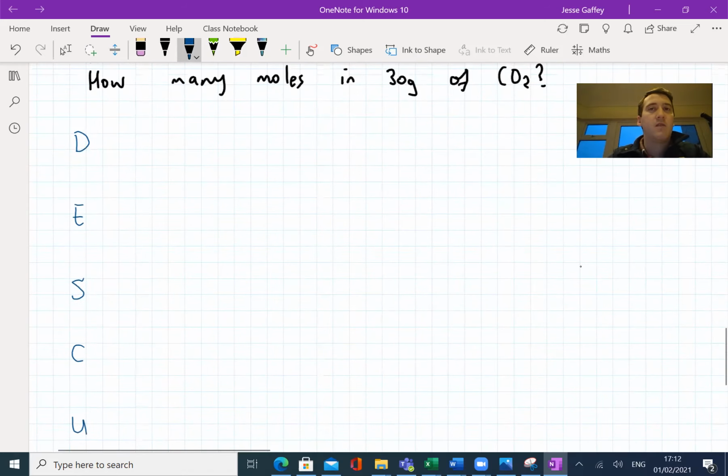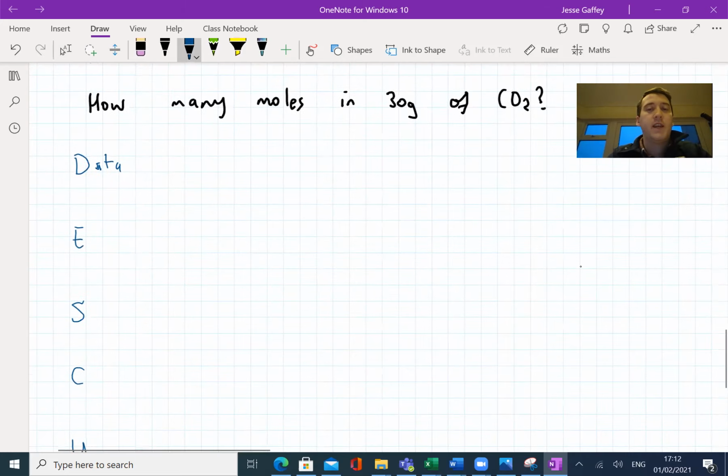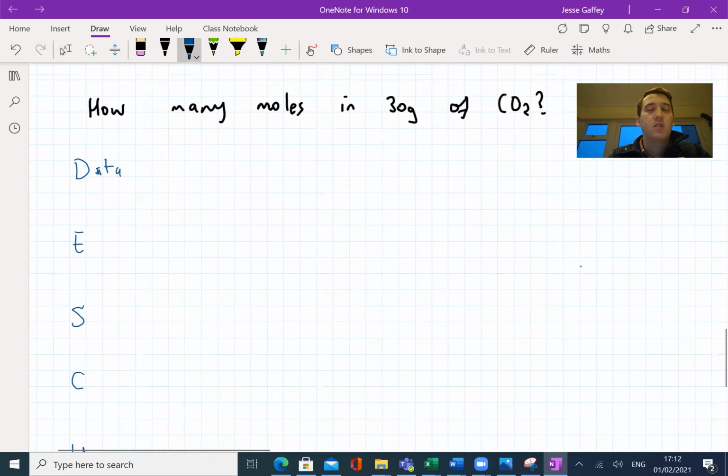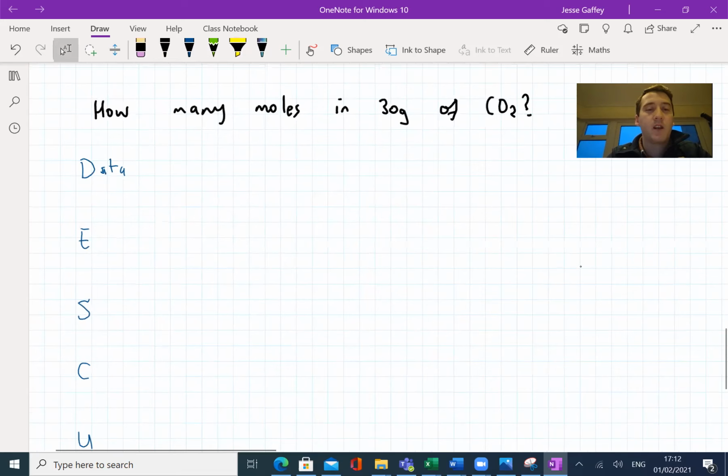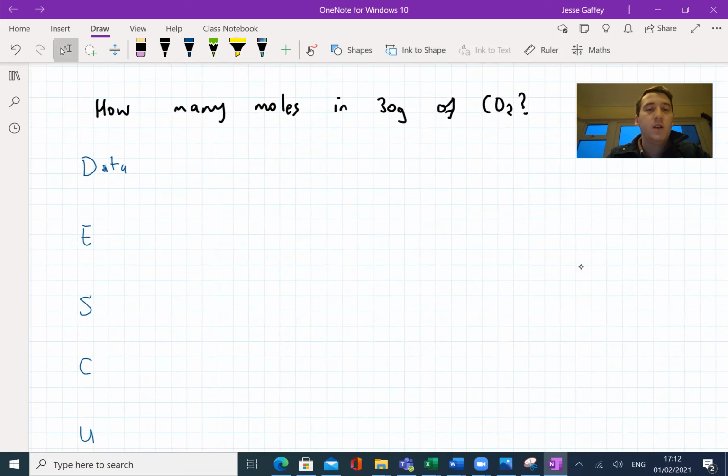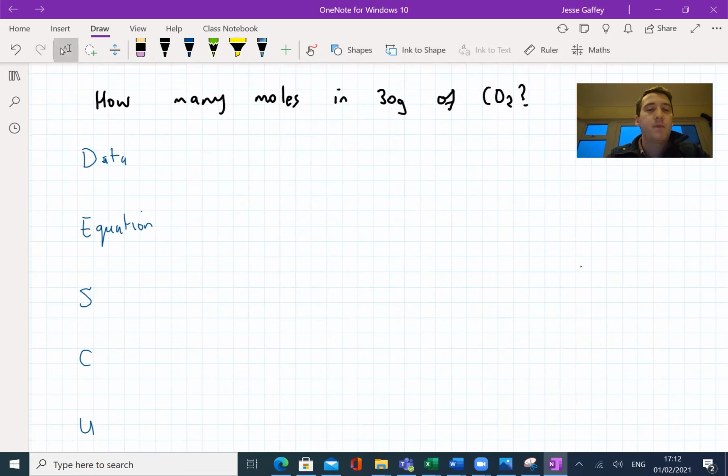And what these letters stand for, D stands for data. And we find the data that we need in the question. And I will show you how to apply it in a second. I'm just going to tell you what each letter means first. D stands for data. E stands for equation. So what is the equation that I need to use to solve this problem?